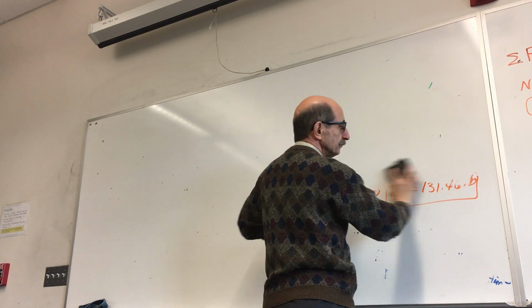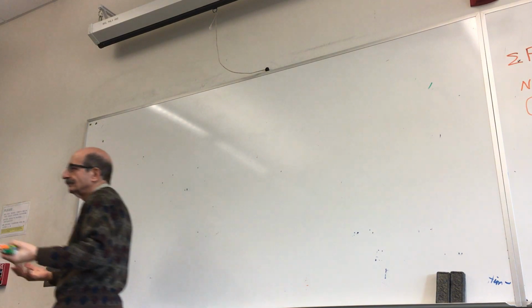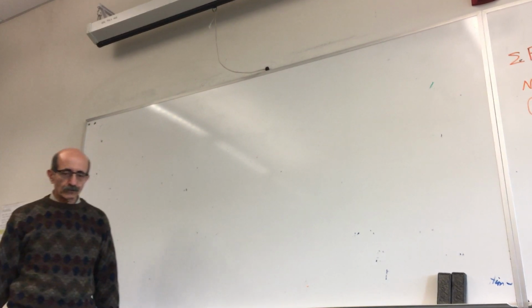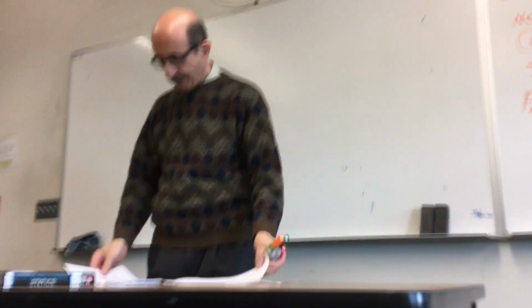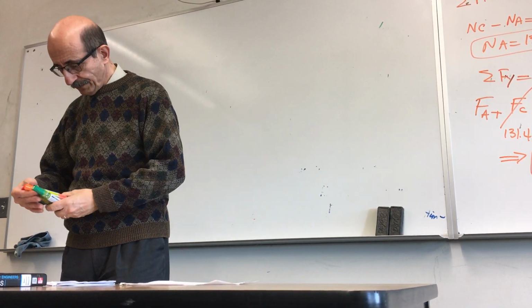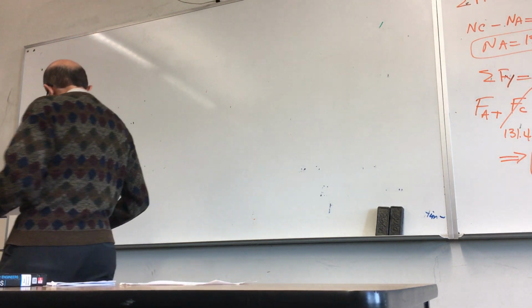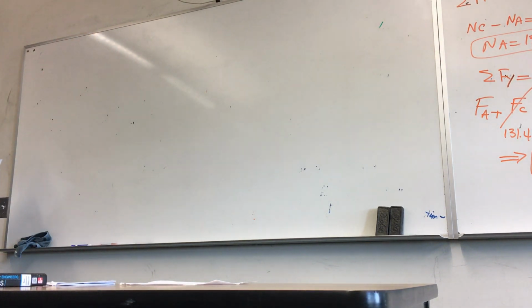So procedure is, again, draw the free body diagrams and find the unknowns. So let's do, in fact, a problem which was given as an exam problem. In fact, it was a final exam problem. It's a simple problem.